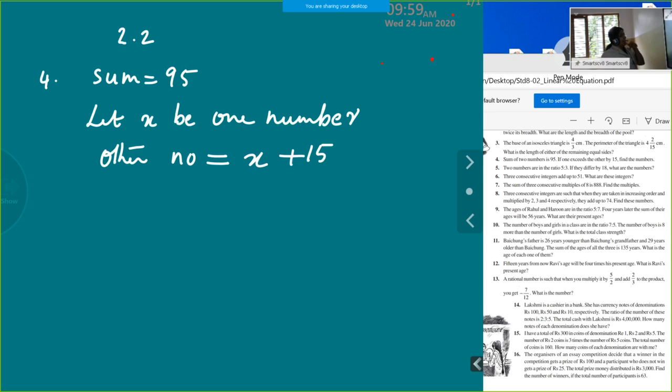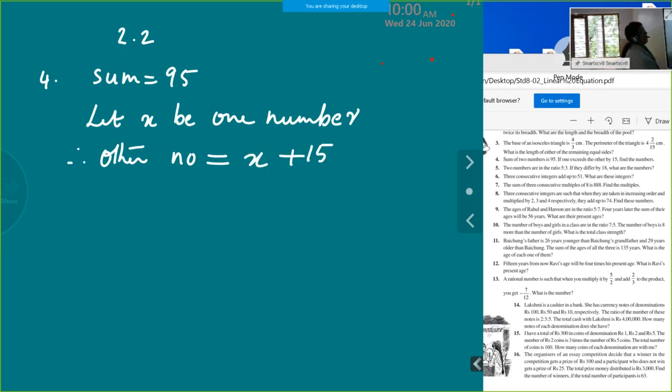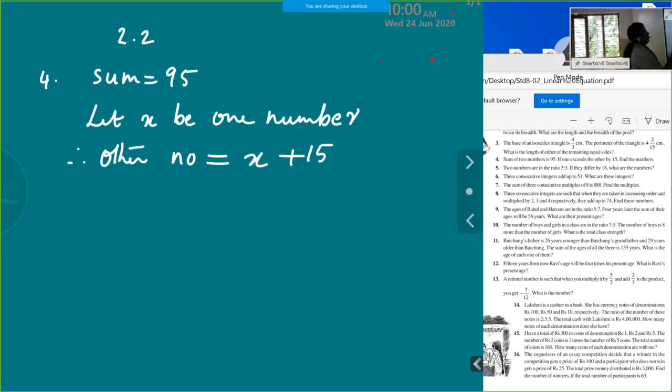The other number will be x plus 15. Now it is given that the sum is 95. So x plus x plus 15 is equal to 95.